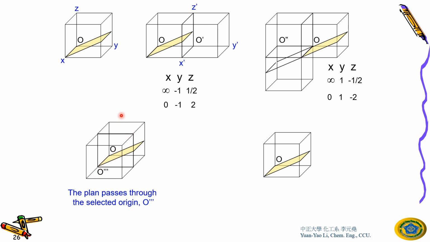That's fine, but unfortunately, this plane passes the origin again, so it doesn't work. Okay, so you have moved from the left, from the right, from the front, from the back. Can you move from the top? Yes, or the bottom. Let's move to the bottom. How do you say?